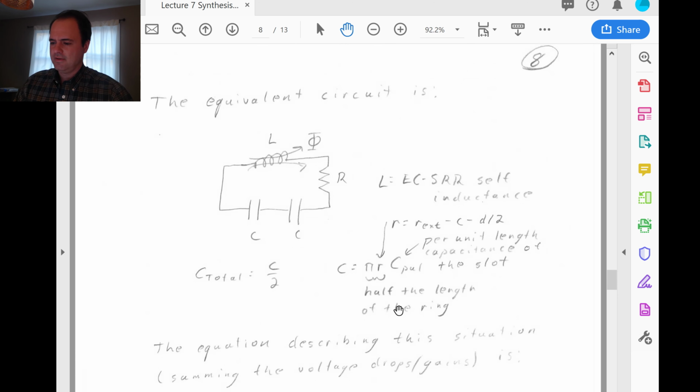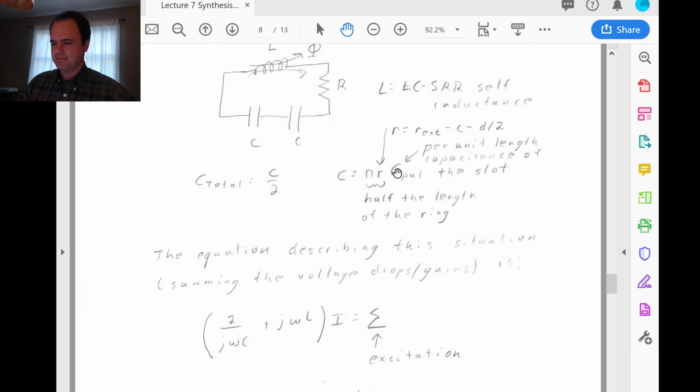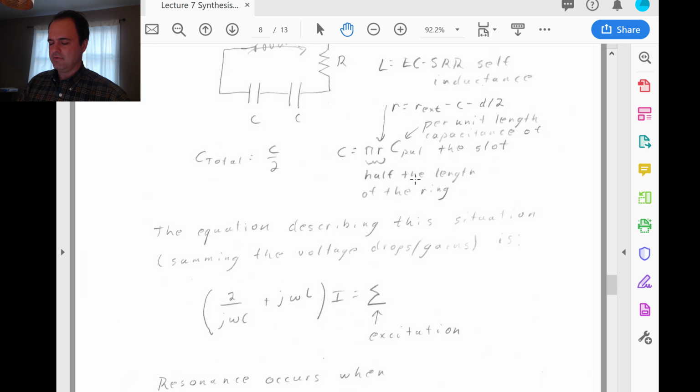So we have pi times r times C per unit length for one capacitor, and pi times r times C per unit length for the other capacitor. They're in series, and if they're the same capacitance, you get this. This is derived in the appendix of Marquez, but you could do it yourself potentially. It's quite difficult, or you could pull it up.